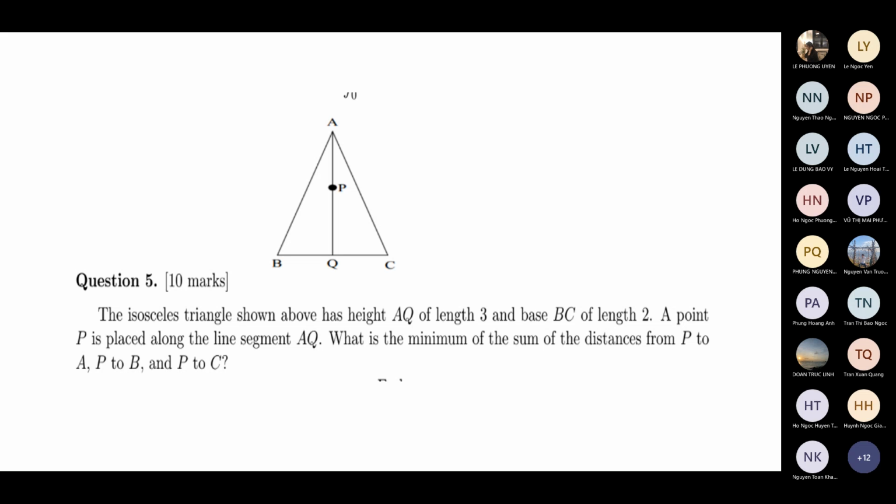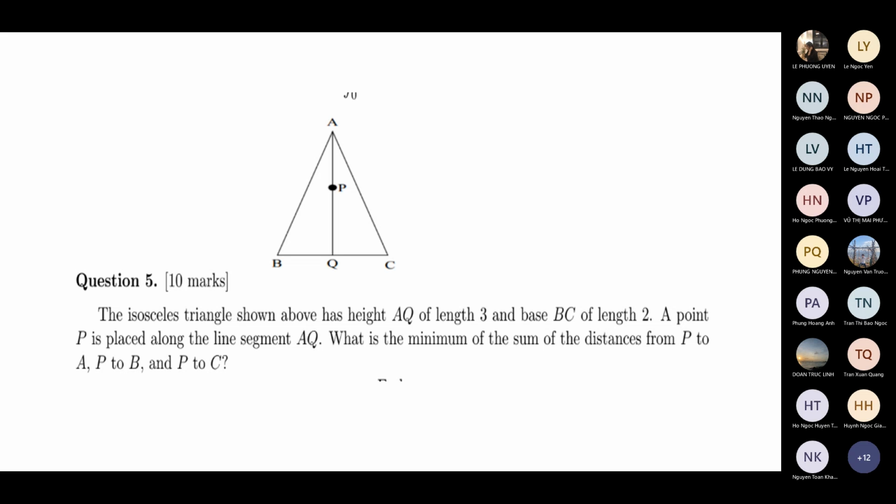And that's why here you have PB equal PC equal square root of 3 minus x square plus 1 square.